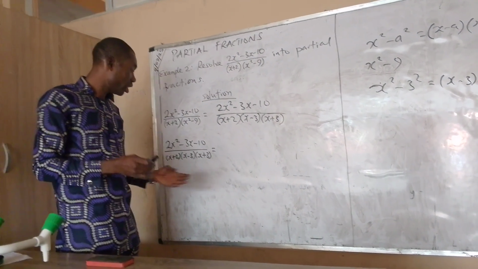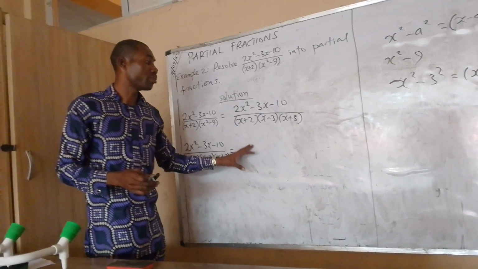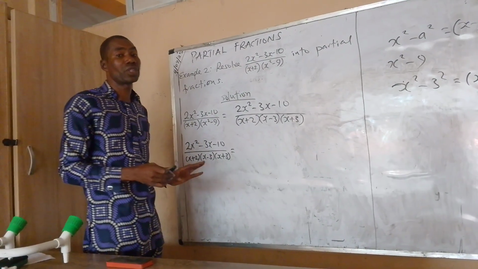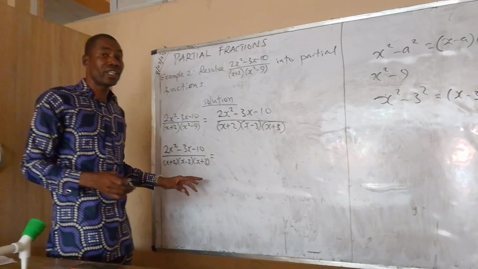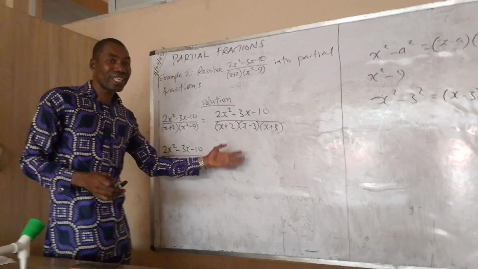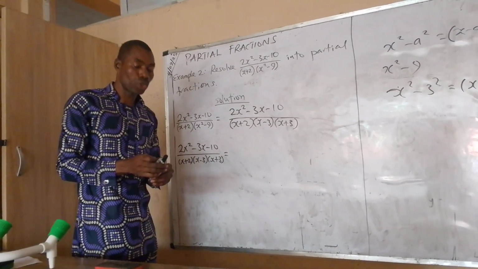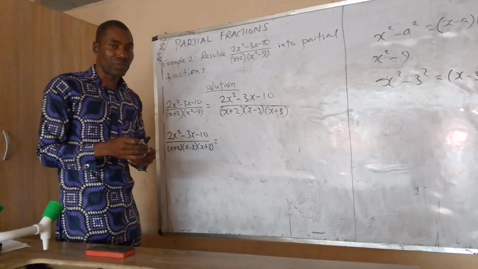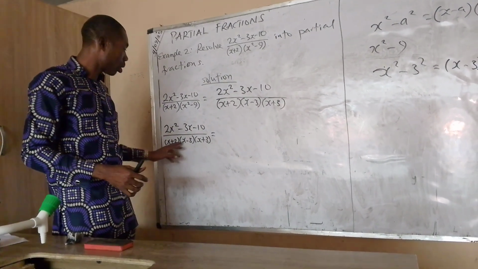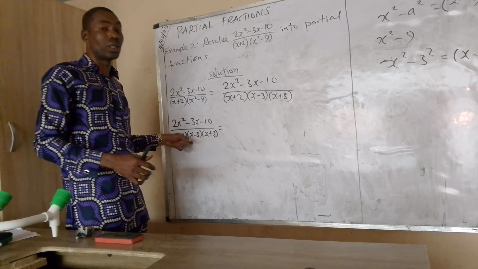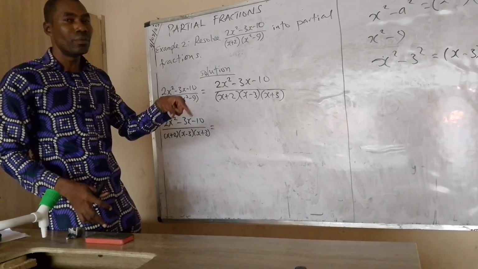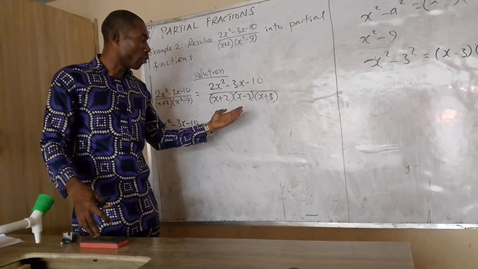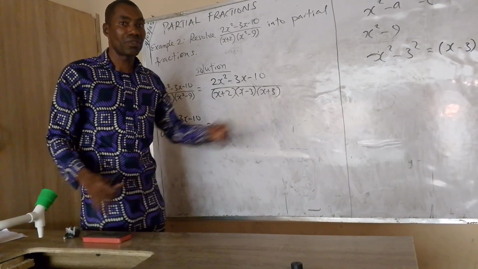If I have 2 linear factors, I will have 2 separate partial fractions for that compound fraction. If I have 3 linear factors, I will have 3 separate partial fractions for that particular compound fraction. Now, each of these linear factors in the denominator will be the denominator of each of the partial fractions.